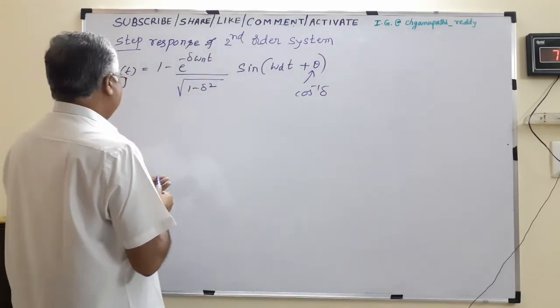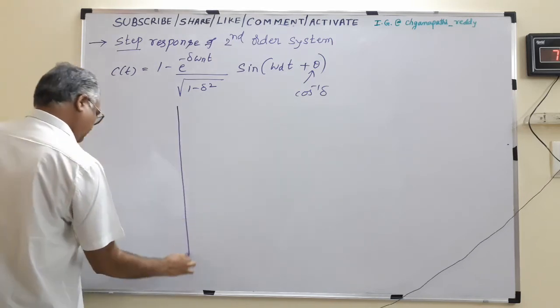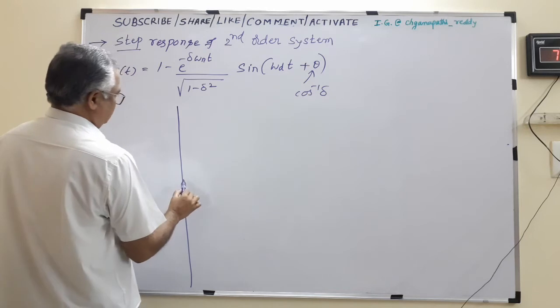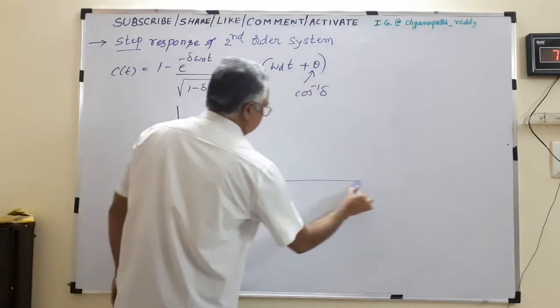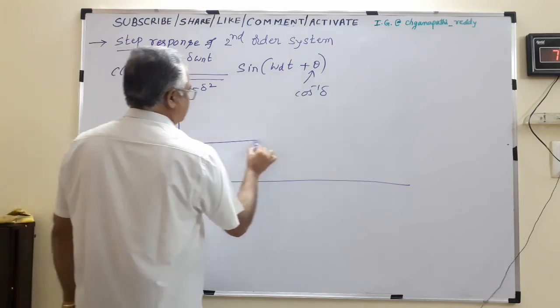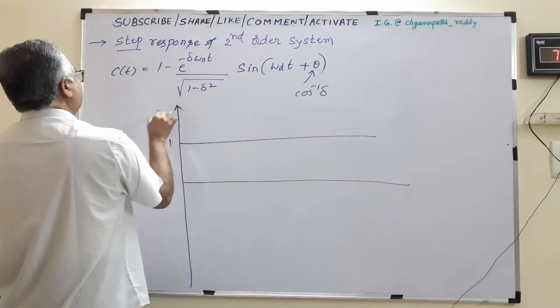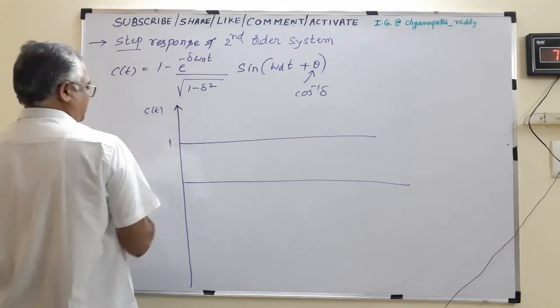So how do we plot this? This is the input step we are applying. C of t we have to plot.